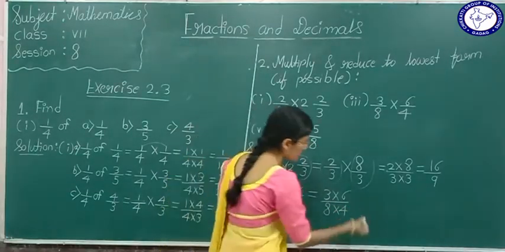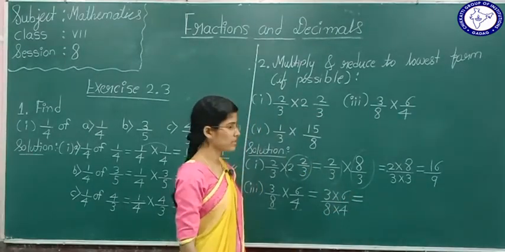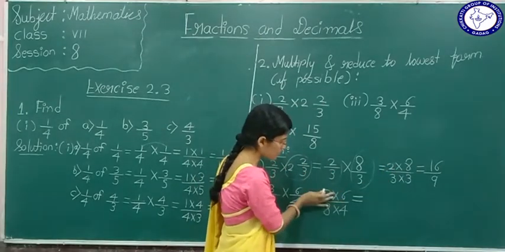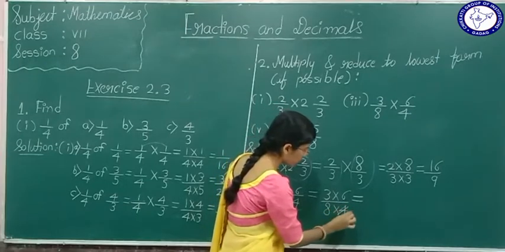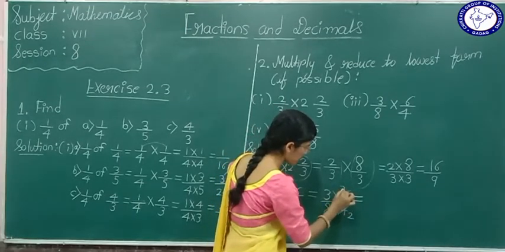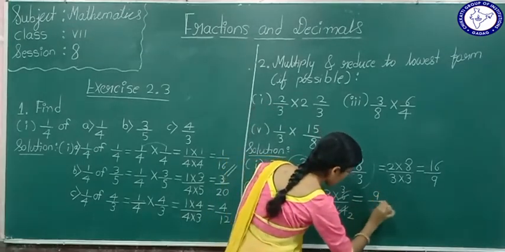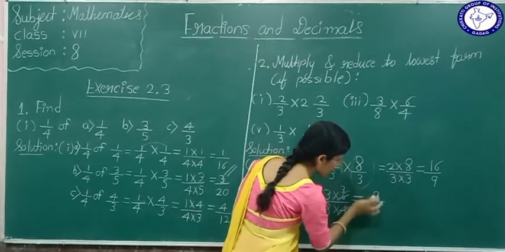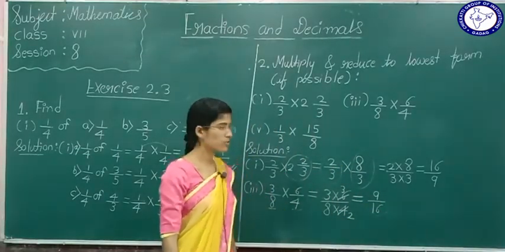Now see here students, one easy trick I will tell. Instead of directly multiplying, to do our work easily, we can cancel here. 2 2s are 4, 2 3s are 6. 3 3s are 9, 9 by 8 2s are 16. Do 9 and 16 have any common factor? No, definitely this is in the lowest form.